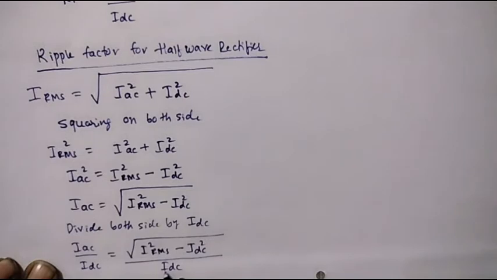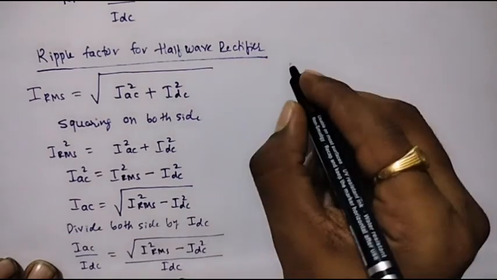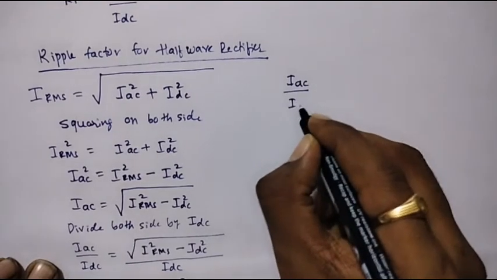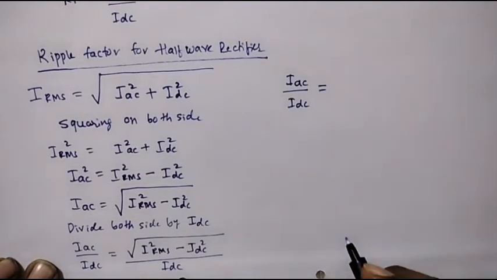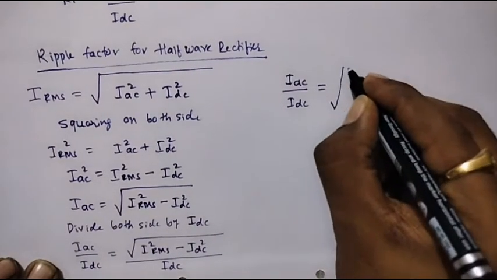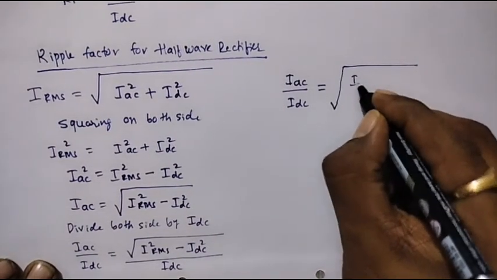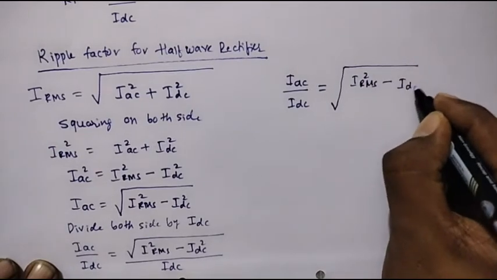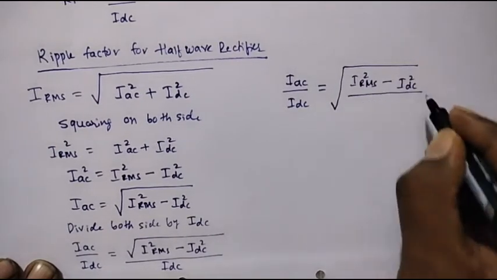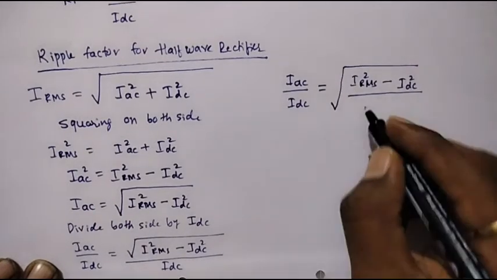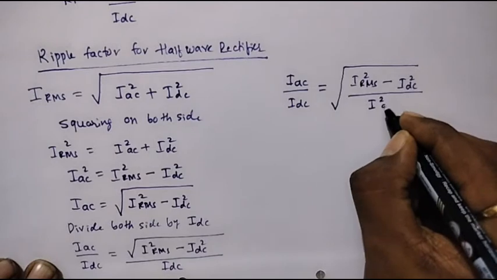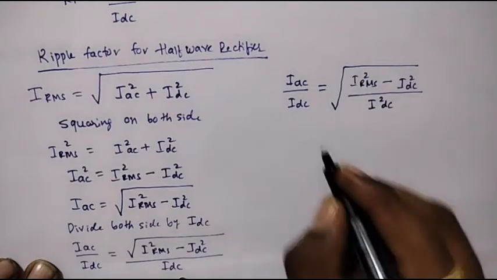Now I will try to take this IDC inside the square root. So I can write it as IAC divided by IDC is equal to square root of IRMS square minus IDC square, whole divided by IDC. If I take it inside the square root, I am supposed to write it as I square DC.